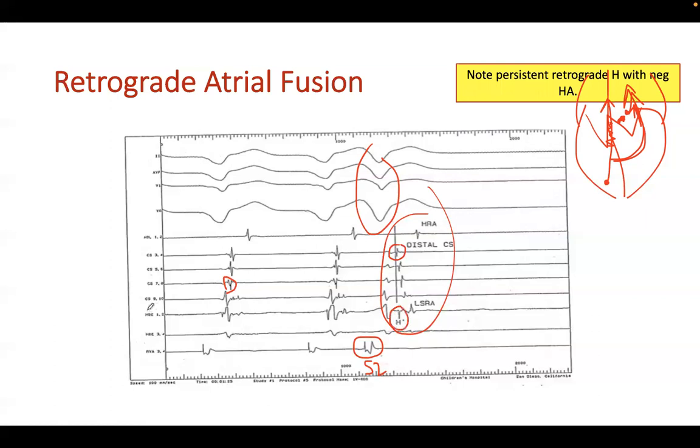This is your His catheter, okay, and then you don't see His here, you see VA, but you don't really see His, and then suddenly you see V, something, A. That something typically is your His, and that A is slightly before the His, so you know that the atria must have been activated elsewhere, not from the AV node, because the atria got activated before the AV node even got activated. Make sense, guys?